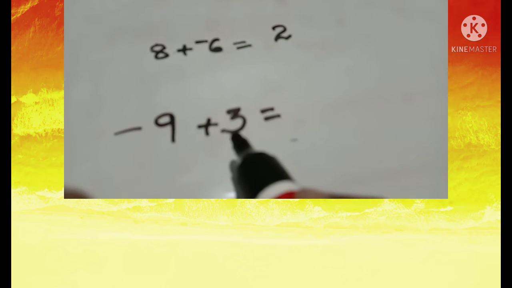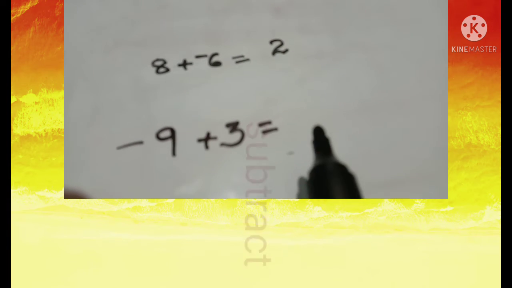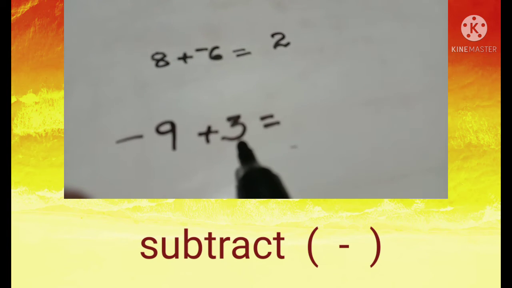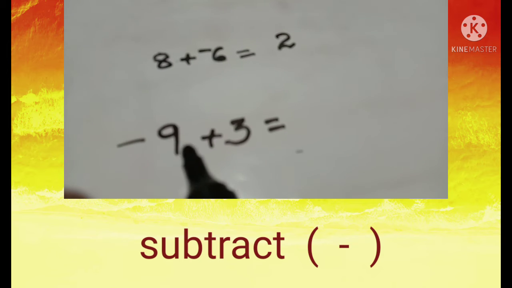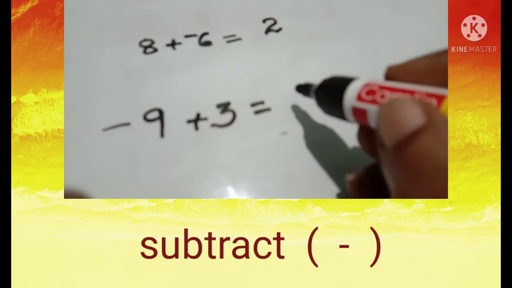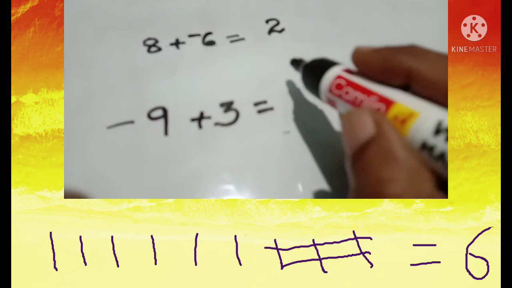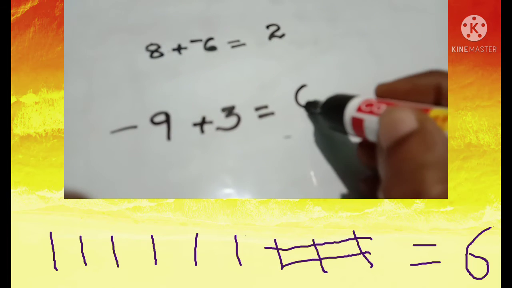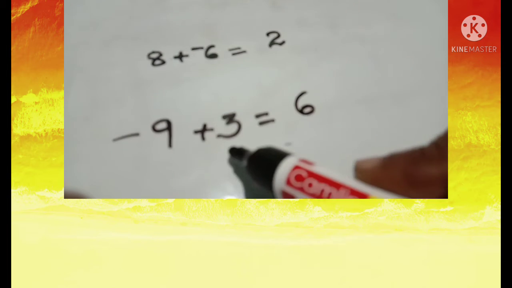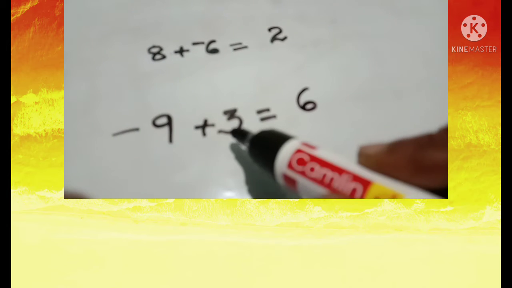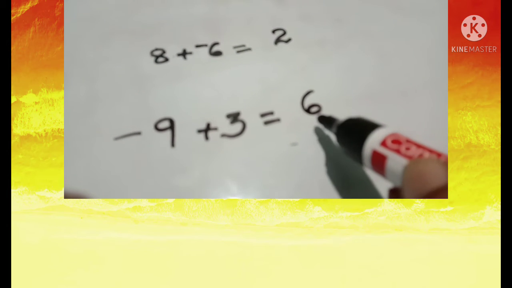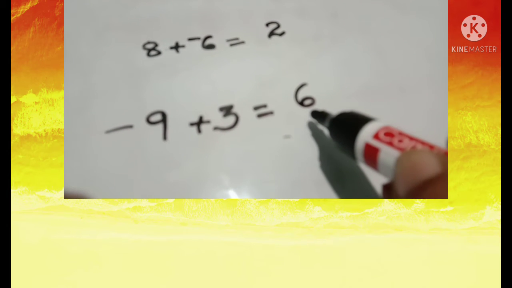How you will add? Yeah, you have to subtract it. Different signs, integers, you have to subtract it. So, what you will get? 9 minus 3. Subtract it. 9 minus 3, 6. Okay, that you will get 6.